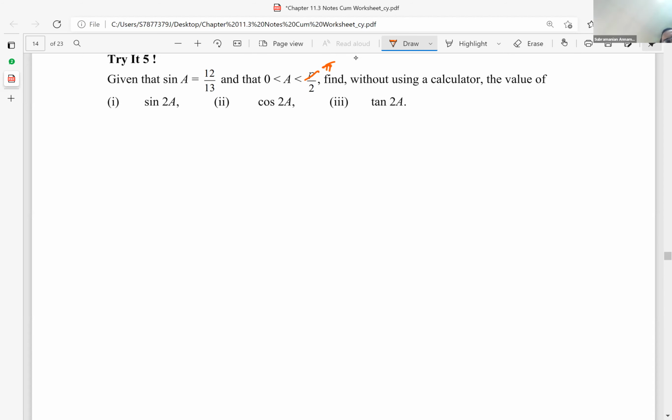Sine 12. Okay, so this is the first quadrant. So it's like that. O over 13. So this one should be 5.